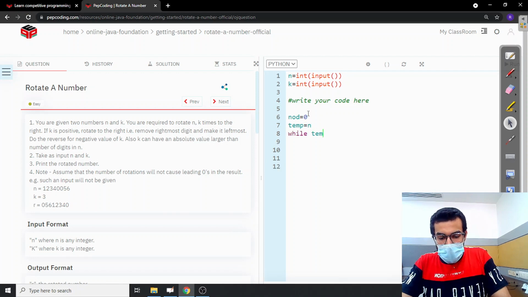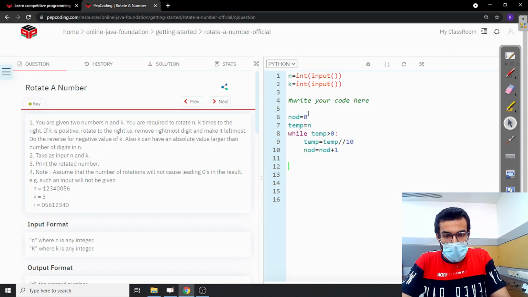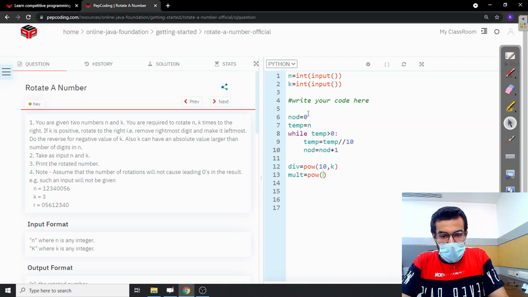While temp is greater than 0, I will keep on dividing temp by 10, and each time I will increment the value of NOD by 1, and then I will calculate the divisor. Divisor will be nothing but 10 to the power k, and I have to calculate multiplier as well. Multiplier will be nothing but 10 to the power NOD minus k.